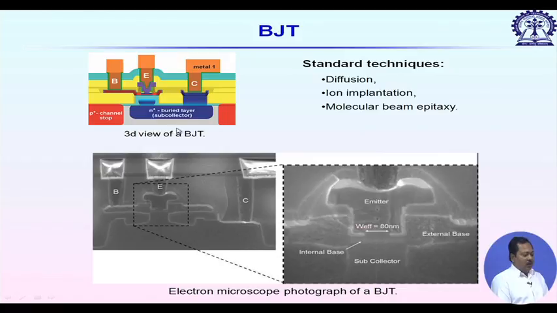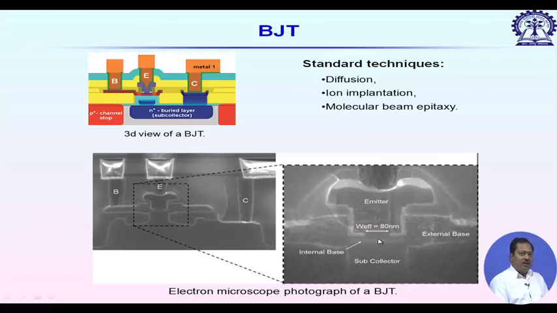So, let us look at one BJT. This is a typical BJT used at lower millimeter wave frequencies. You can see the base, emitter and collector. The bottommost portion is called the sub collector, the actual collector sits over the sub collector, and on top of this collector we have a thin layer of base.